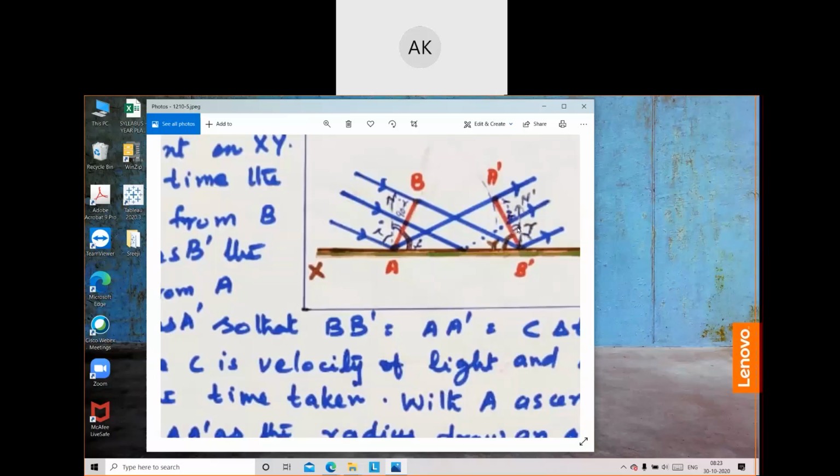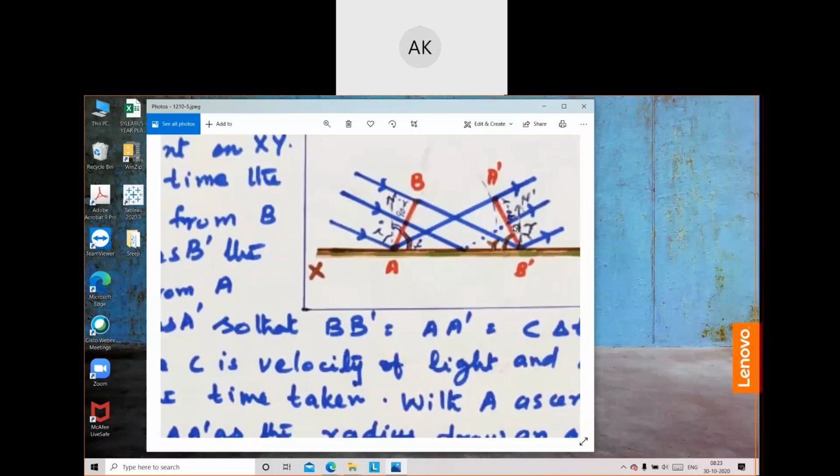And then this will be 90 minus R because the wavefront is perpendicular to the rays of light. So this will be 90 minus R. And as we have done before, normal and the surface make what angle? Normal and the surface make 90.